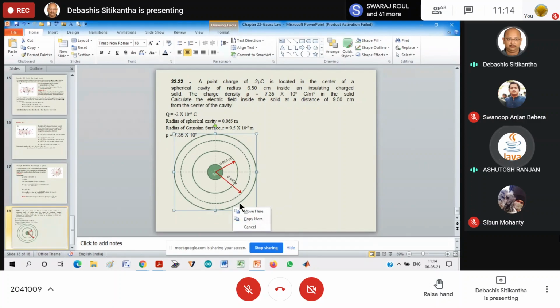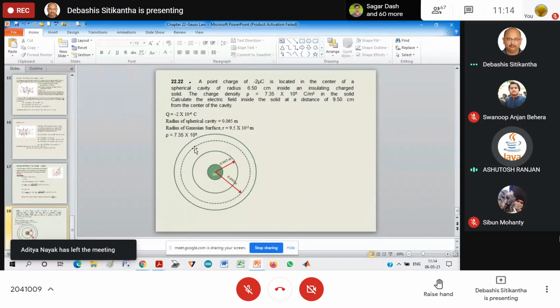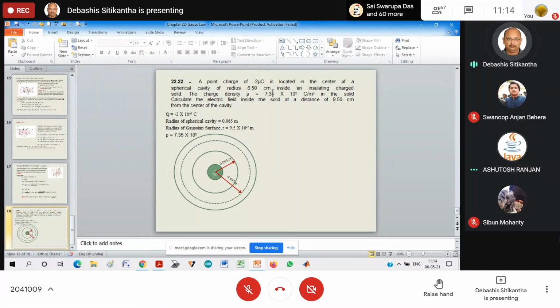The charge density is positive or negative? Obviously, charge density is given positive 7.35 into 10 to the power 5.